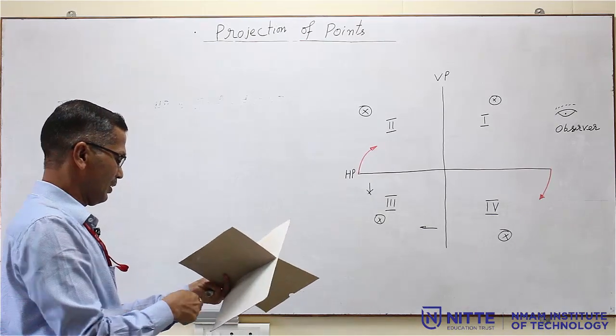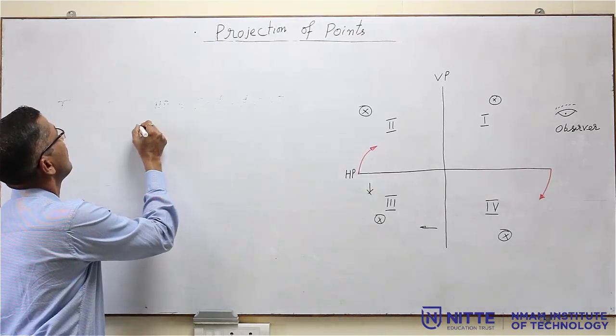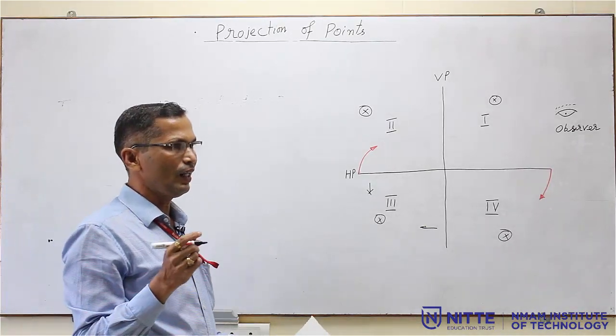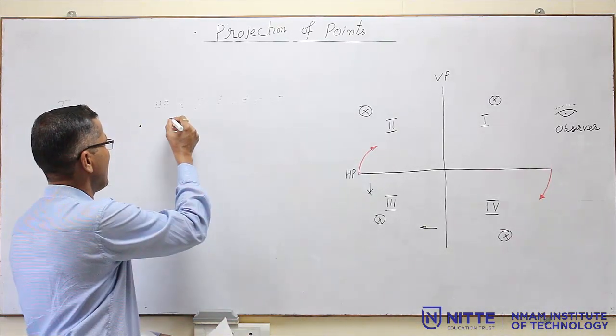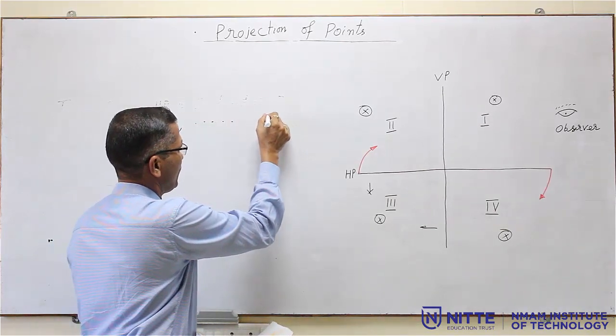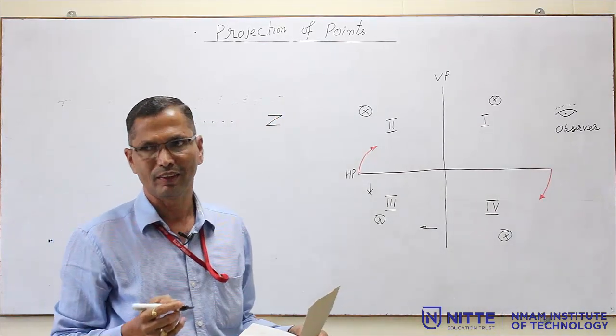Normally, any point, for example, this is a point, it will have a name. All the points will be named with capital letters A to Z. You can use any of these just for calling.